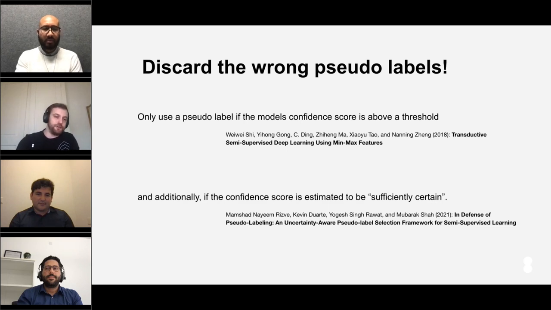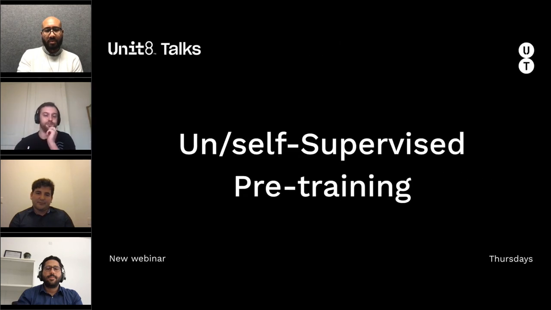So we add another estimation of how certain we can be that the confidence score of the model is right. Then we take only those pseudo labels that have a high score and that we are certain are right. But it still doesn't quite give us state of the art.